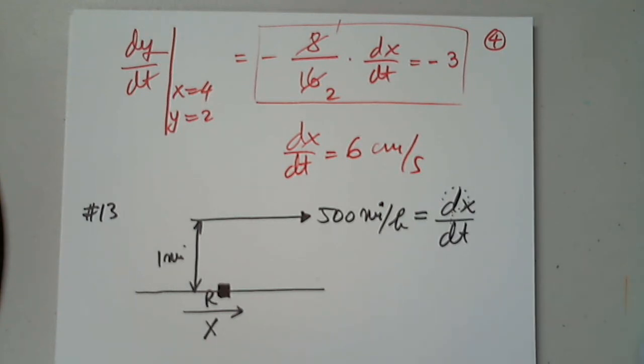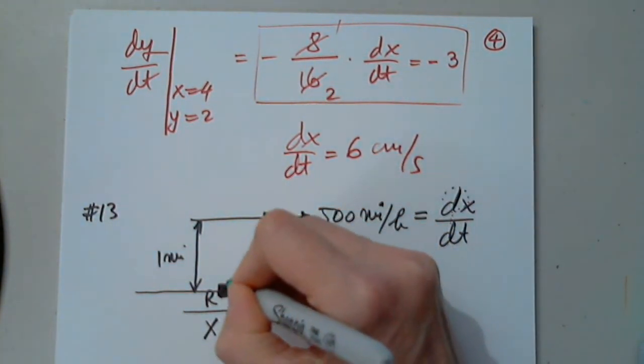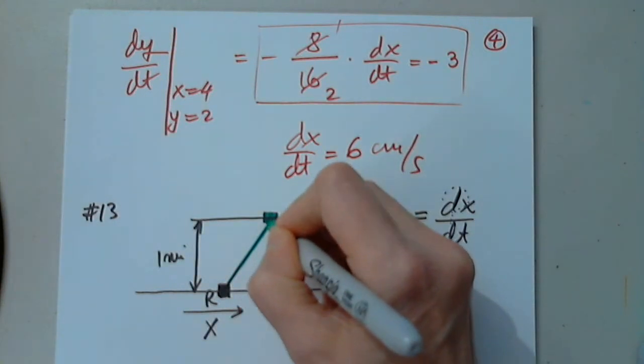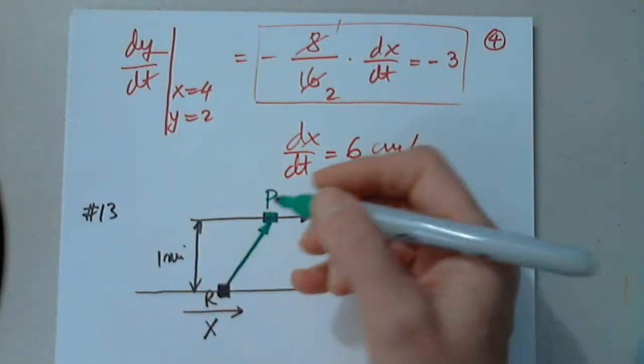Find the rate at which the distance from the plane to the station. Stop. So here's my plane. Don't ask me to draw a plane, sorry. The distance between the radar station and the airplane. So let's denote this by something.